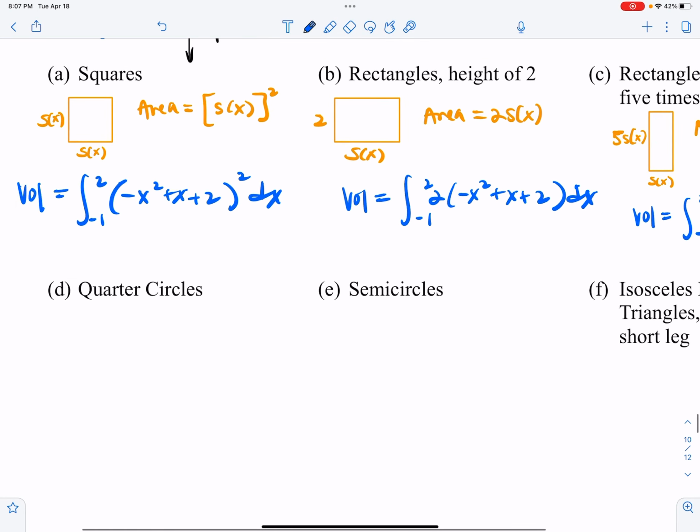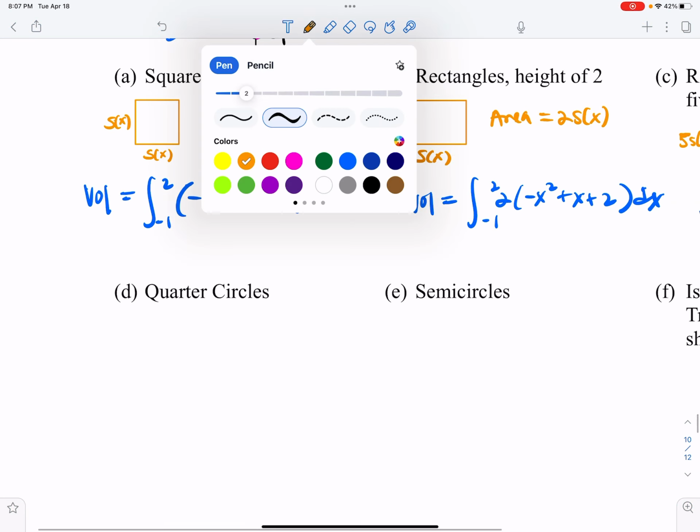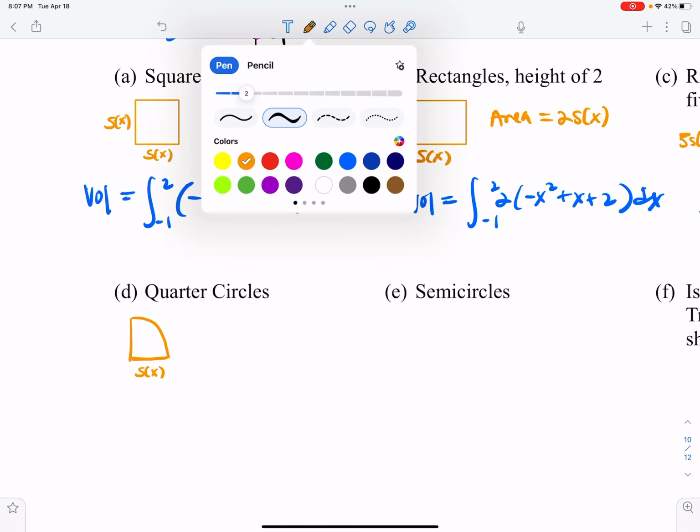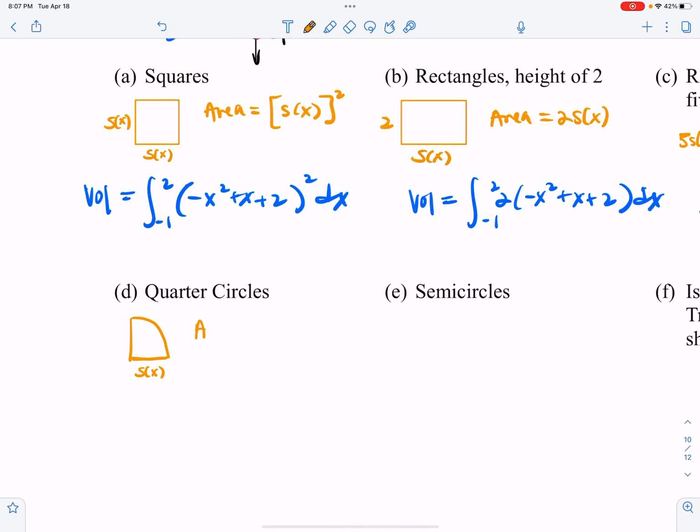Quarter circles. So quarter circles would look something like that, where the base is S of x. And the area of a circle is pi r squared. So the area of a quarter circle would be pi r squared divided by 4.